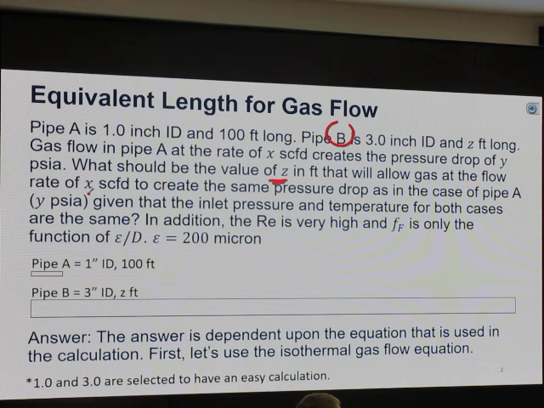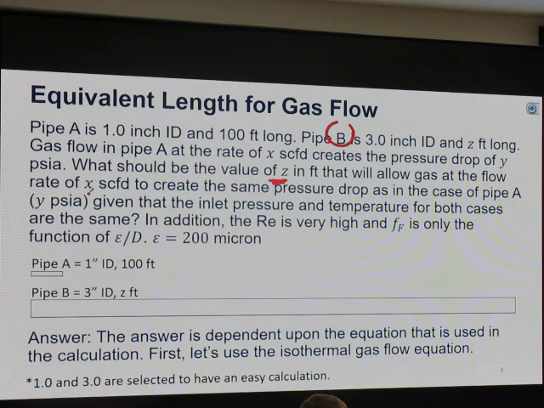So we have two pipes, same pressure drop. First pipe is 1 inch, 100 feet. The question is, for pipe B, how long should it be so that we have the same pressure drop? Okay. Given that the pressure and temperature for both cases are the same. In addition, the Reynolds number is very high. Friction factor is only a function of epsilon over D. Okay.